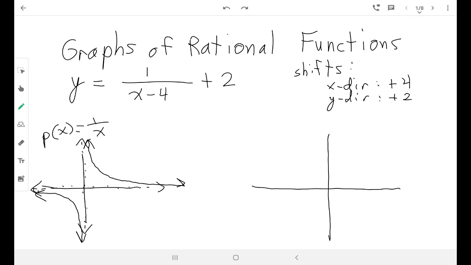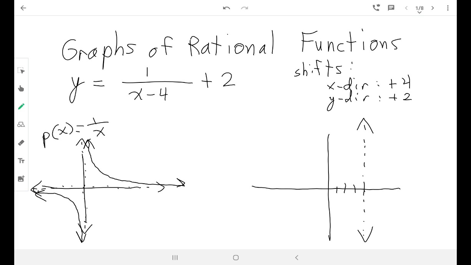So movement on it in the y direction doesn't make a difference to it. But movement in the x direction makes a lot of difference to it. So it's going to move positive 4 in the x direction. So there's my new vertical asymptote.